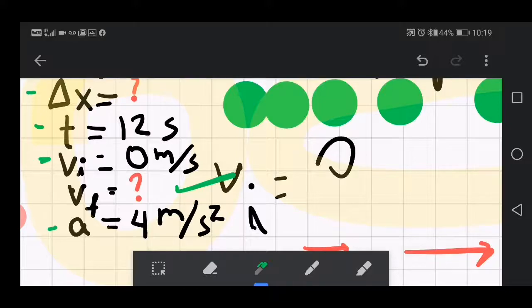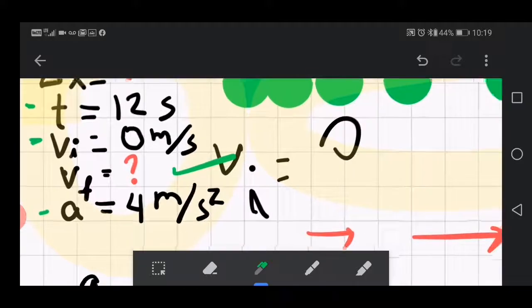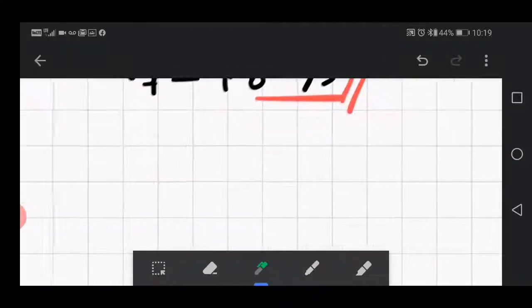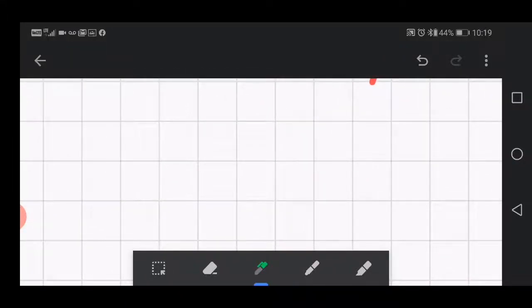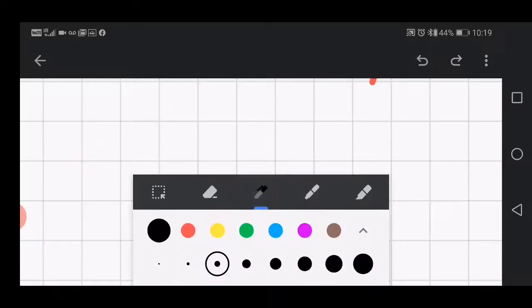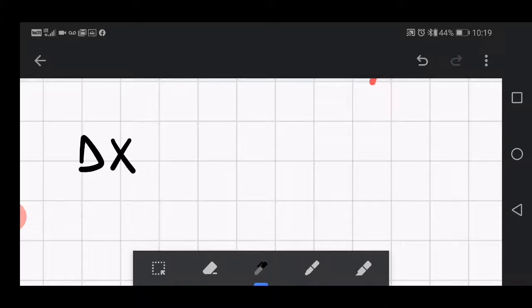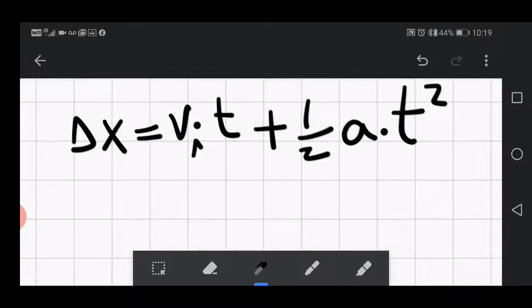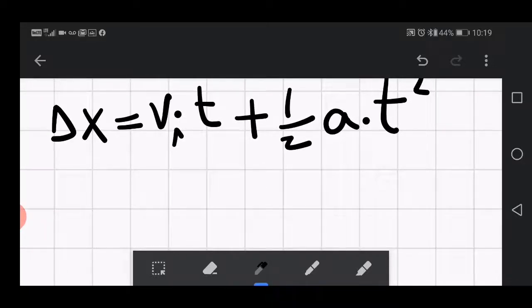Now, which is the formula that doesn't have final velocity? Well, that's easy enough. Displacement is equal to initial velocity times time plus 1/2 times acceleration times the square of time. And you don't even need to solve for any variable. It's already solved for the displacement.